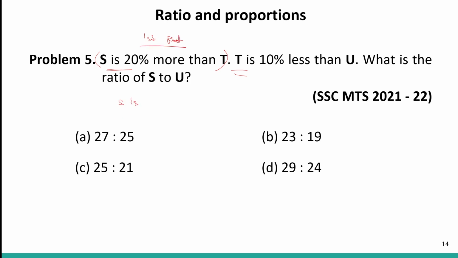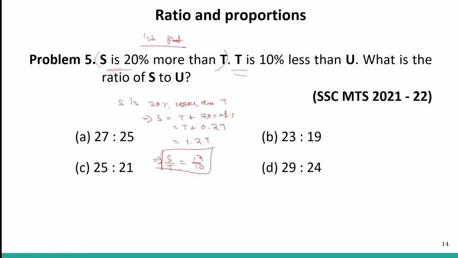S is 20% more than T. So this implies that S is equal to T plus 20% of T, that is T plus 0.2T, which is equal to 1.2T. So this implies that S by T is equal to 12 by 10, right? This is the first ratio that we got from the first sub-word problem.